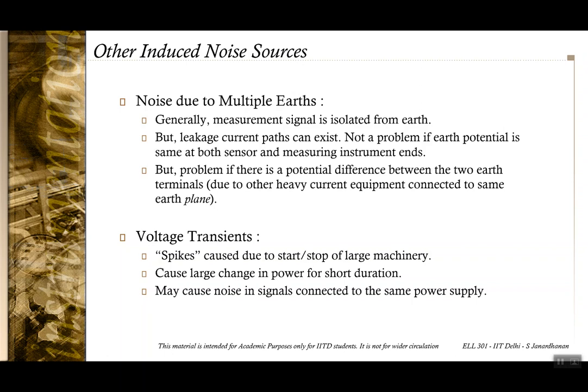And that is going to cause some spike in your readings also, which actually don't exist. As the name implies, the spikes are of short duration and large magnitude.